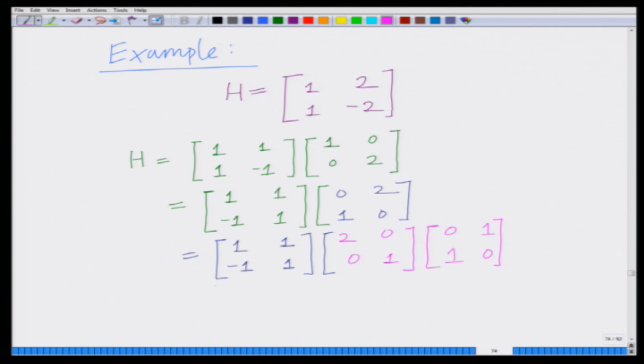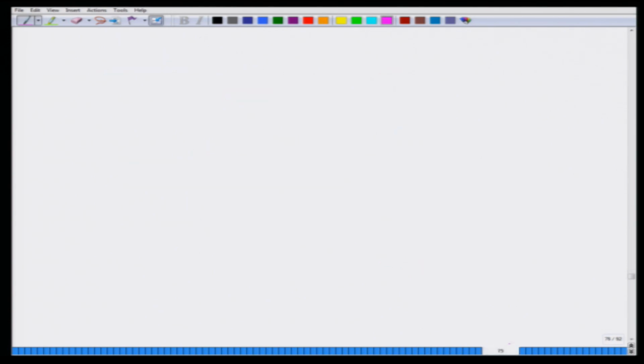Now you can see I still do not satisfy the properties of the singular value decomposition, because this U matrix does not contain orthonormal columns. So I am going to normalize the columns of this U matrix. So far I have H equal to [1 -1; 1 1] times [2 0; 0 1] times [0 1; 1 0].